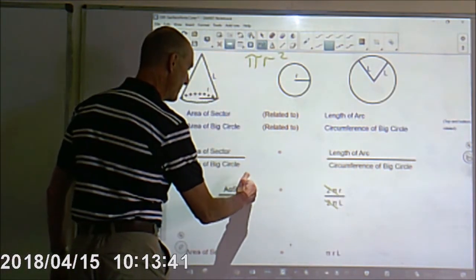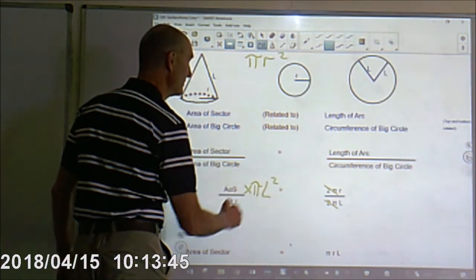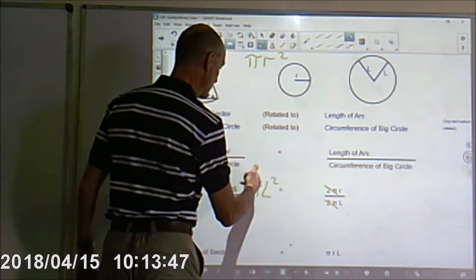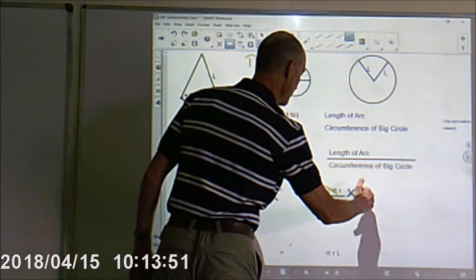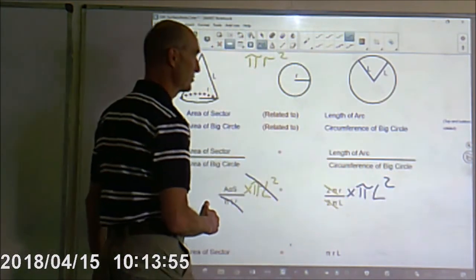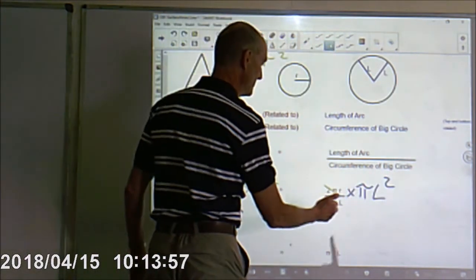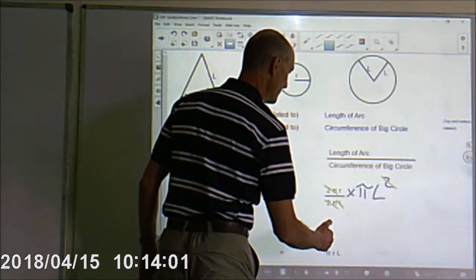We multiply both sides by pi L squared. That means that that can cancel out with that. This side is multiplied by pi L squared. So we can do some more cancelling. The L on the bottom can be cancelled with one of the L's on the top.